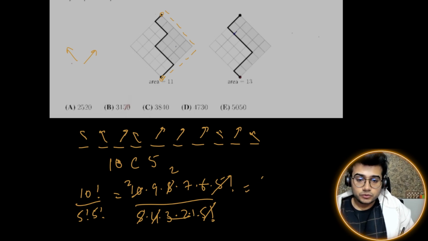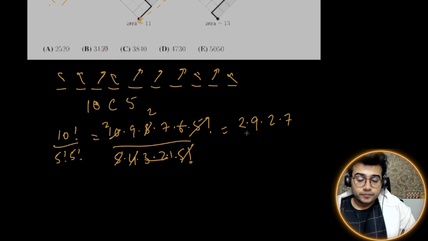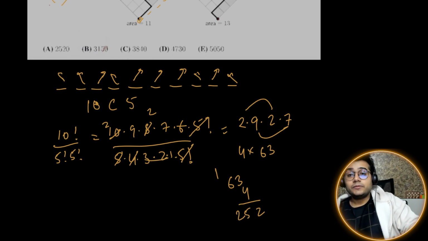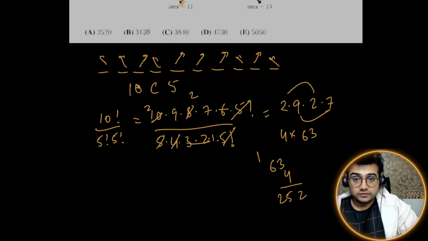So what are we left with? We're left with 2 times 9 times 2 times 7, which is 4 times 63. Well, let's do that here. So 63 times 4. 3 times 4 is 12. 6 times 4 is 24 plus 1, 25. So 252. That means we have a total of 252 possible pathways.